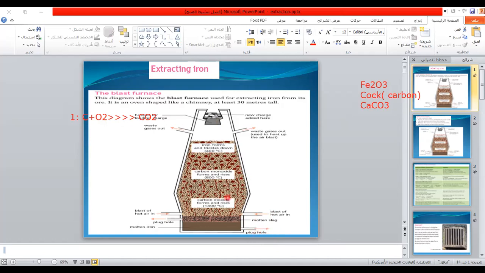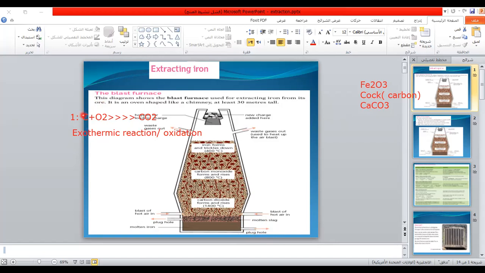So this is an exothermic reaction, and at the same time, this is an oxidation reaction. Why is the reaction between carbon and oxygen in this area exothermic? Because it increases the temperature to 1,400 degrees Celsius.